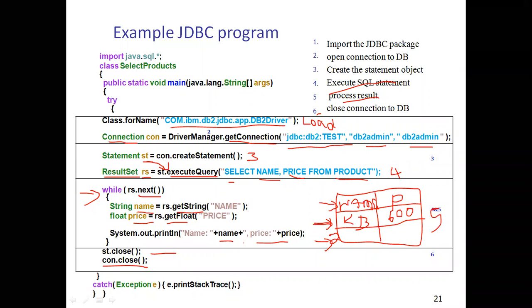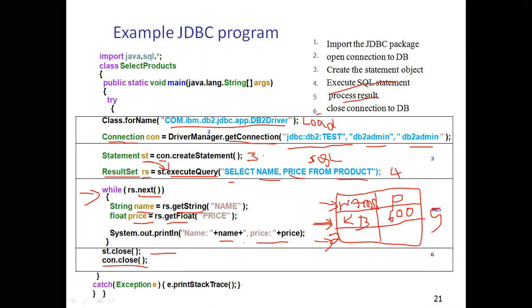Similarly, the third step is you have to create the statement object. Simply use the connection object's createStatement. Once the statement object is created, with that object I can execute queries. The SQL query you need to pass as a parameter. Not only select, you can pass whatever SQL queries are possible. Select star from means if you want all the columns, you use star.